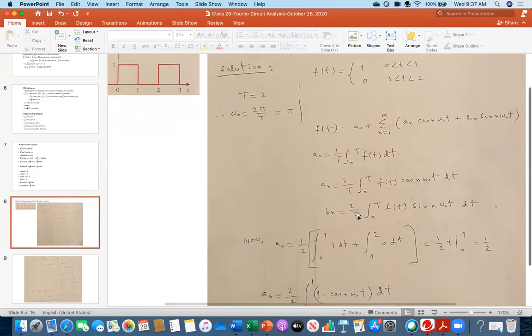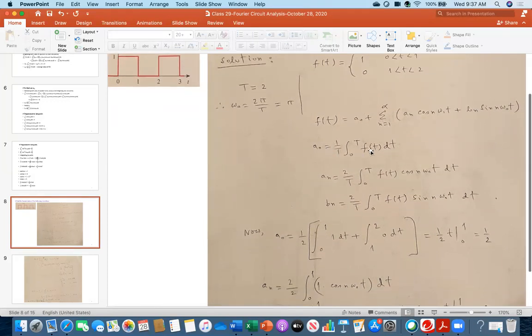Now everybody see, first I want to calculate a naught. So this is my equation that I learned in previous slides. So 1 over T. What is my T? T is 2. Already I found that out for this function. So 1 by 2. And function of t has two portions. This is one portion and this is the other portion. So from 0 to 1, it is 1, and then 1 to 2, it is 0. So I am writing it in that way: 0 to 1, function value is 1 dt, plus between 1 and 2, 0 dt.